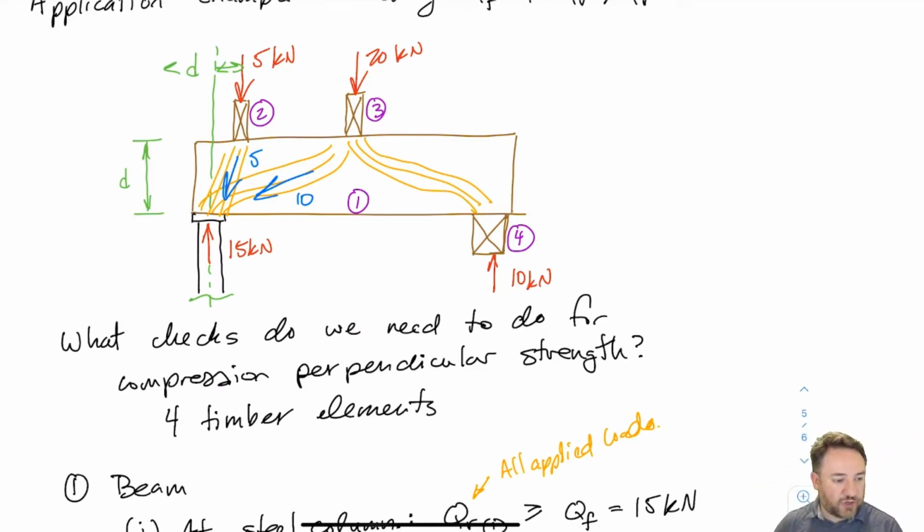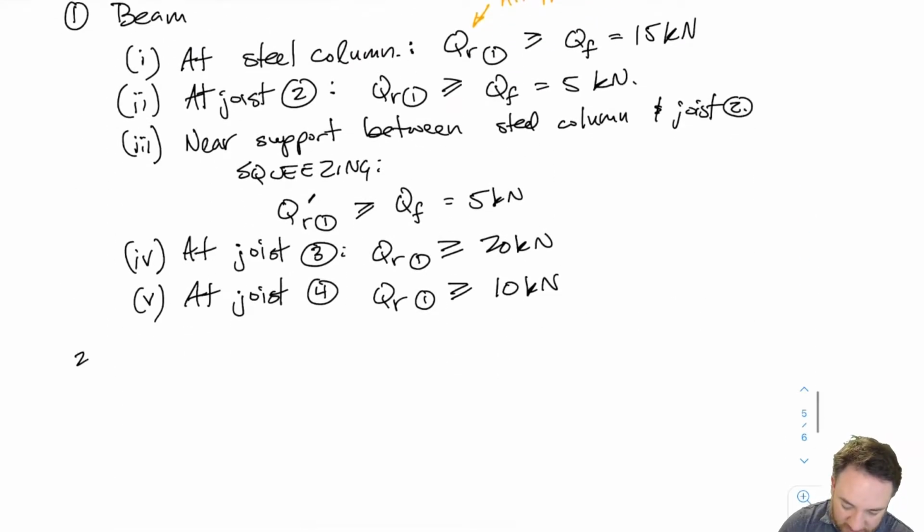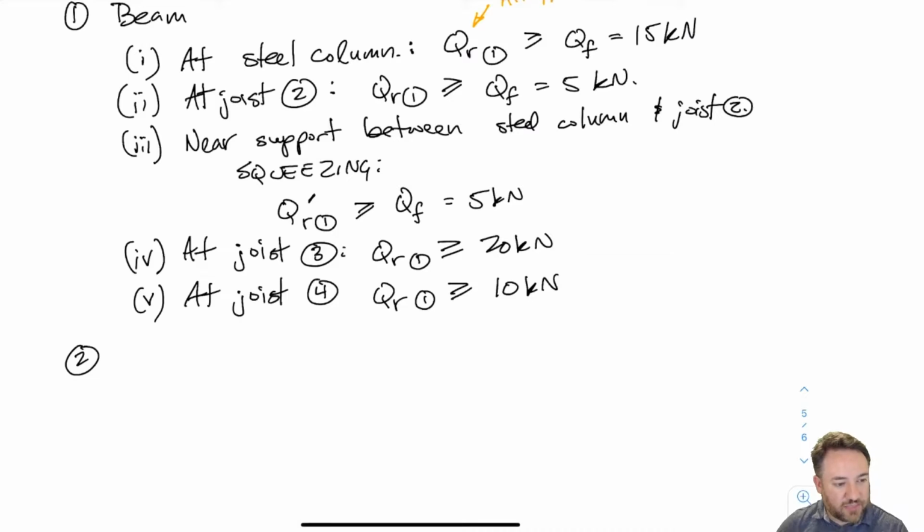Now I have to conversely check the strength of the joists, because the beam is bearing up on the joists. Just as the joists are bearing on the beam, the beam is providing a force to the joist in the opposite direction. So I'm going to check those ones. These are going to have different resistances potentially, because the joists might be made of different material than the beam.